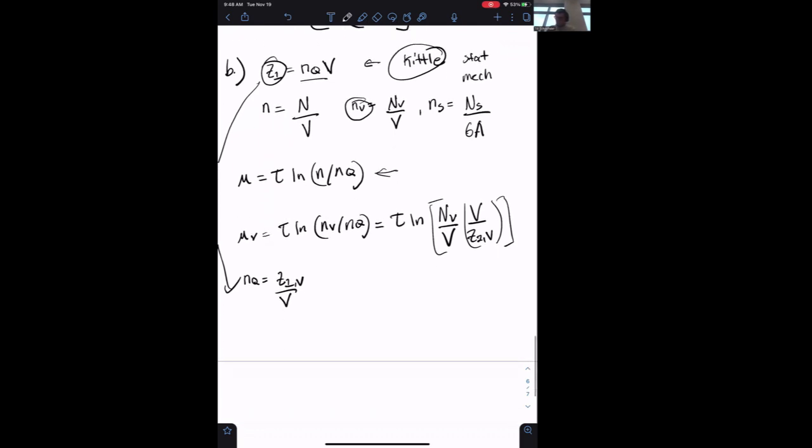Okay, so then we see that the volume cancels out and we're left with NV over Z1V, like that.